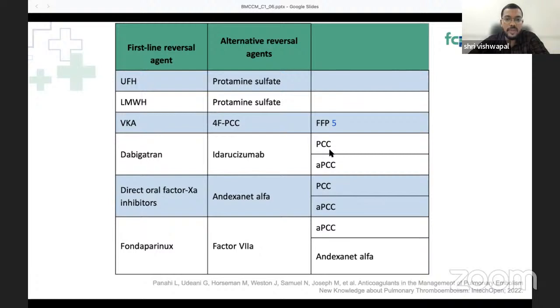Dabigatran, idarucizumab with PCC and APCC. For direct oral factor 10A inhibitors, andexanet alfa with PCC or APCC. For fondaparinux, it's factor 7A with APCC or andexanet alfa. So these are the anticoagulants used for the patient.